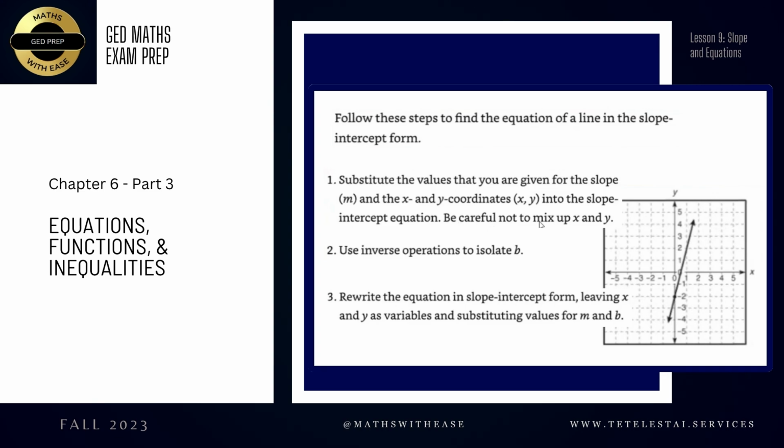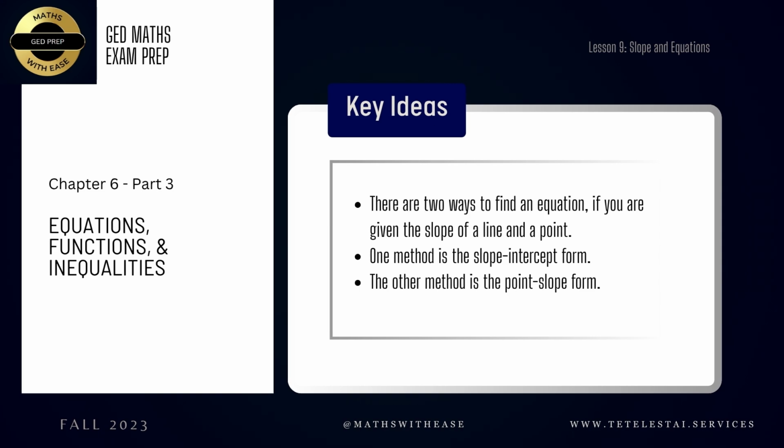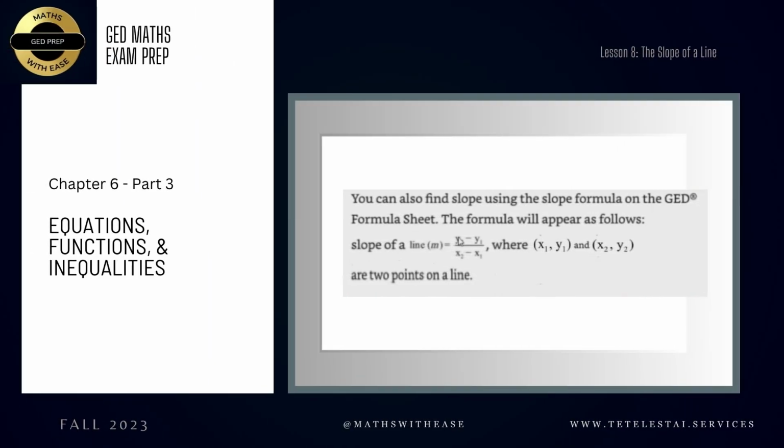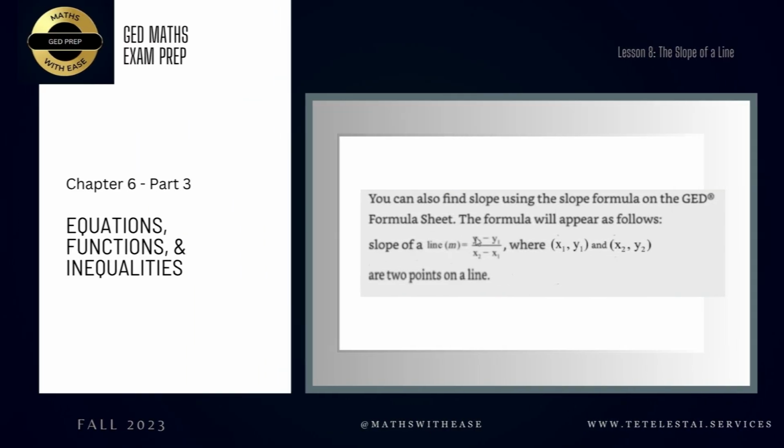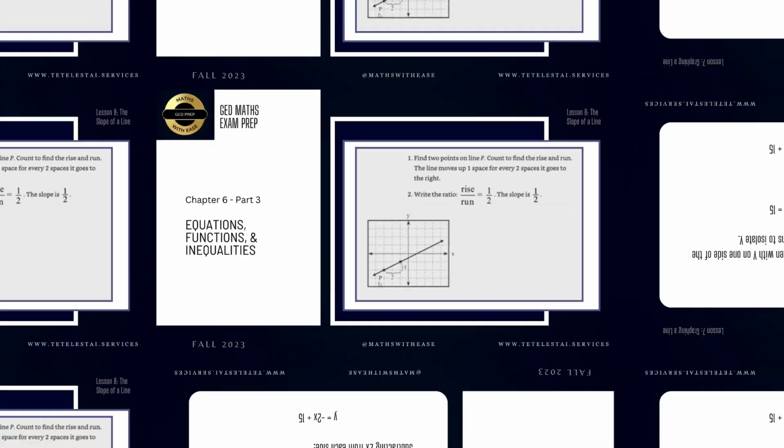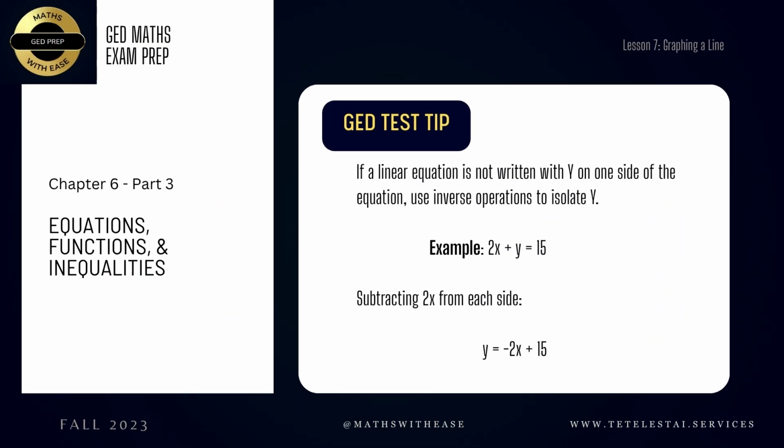And then you want to use the inverse operations to isolate b. So like we did, I think it was here, right? To isolate y, we moved 2x over to the right, or we subtracted 2x from both sides.